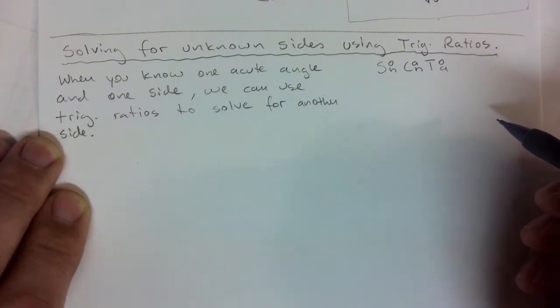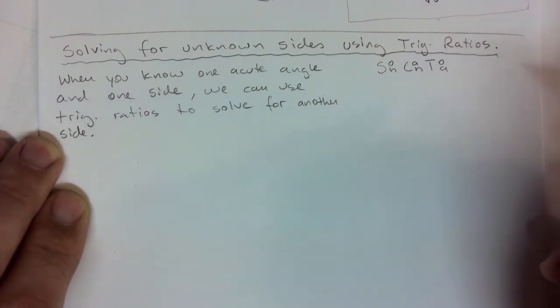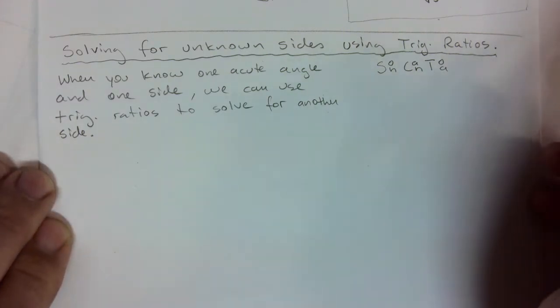So if you know one angle and you know one side, use trig ratios.